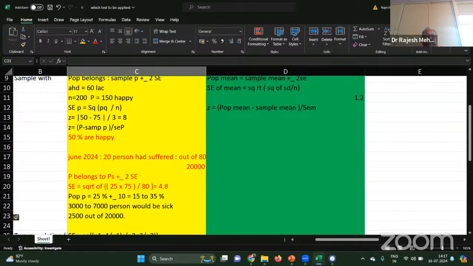The question is, the actual survey showed that 2,500 people were sick in the month of June out of 20,000. So is this significantly different from the flat or not? The flat people were more sick or less sick compared to this general population. What is your answer, Nidhi?